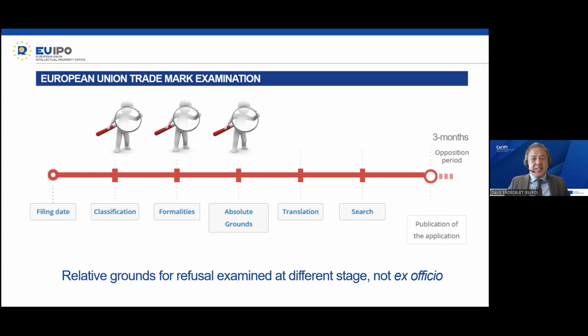Also, this means that if in any of the examinations there is a deficiency and you need to reply to it and you do not reply, it means that it will be refused. So it can also be refused on formality grounds, not only on absolute grounds. It can be refused if you do not remedy a formality deficiency. But if everything is okay, the trademark will go to publication and then the 3 months opposition period starts.